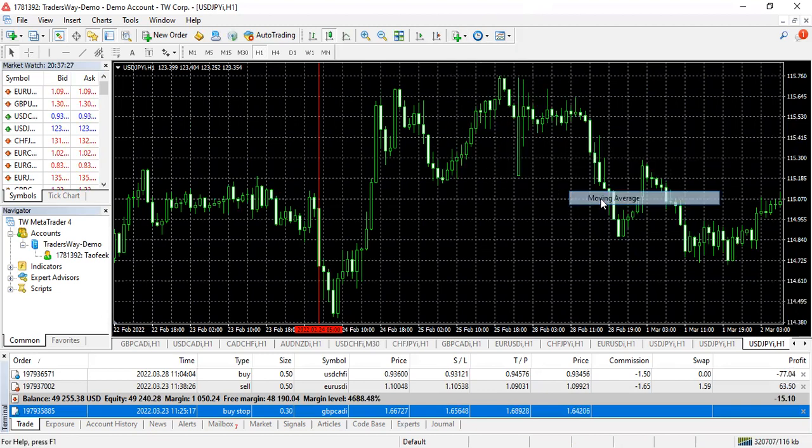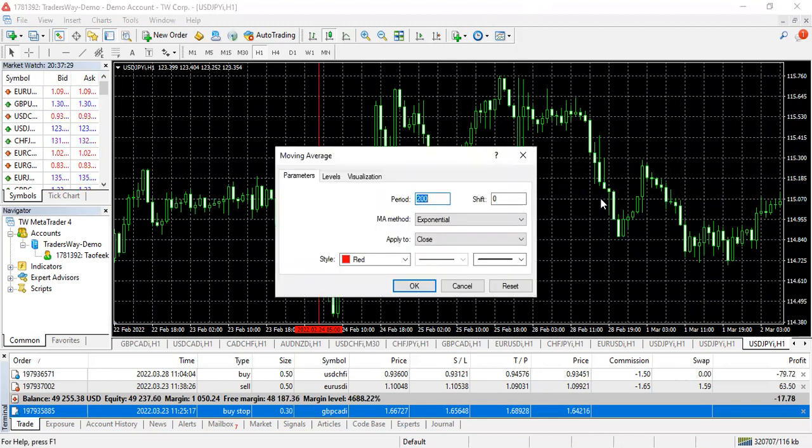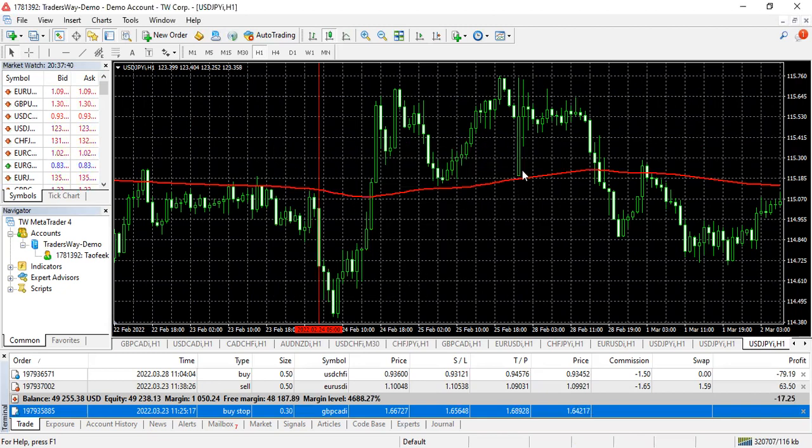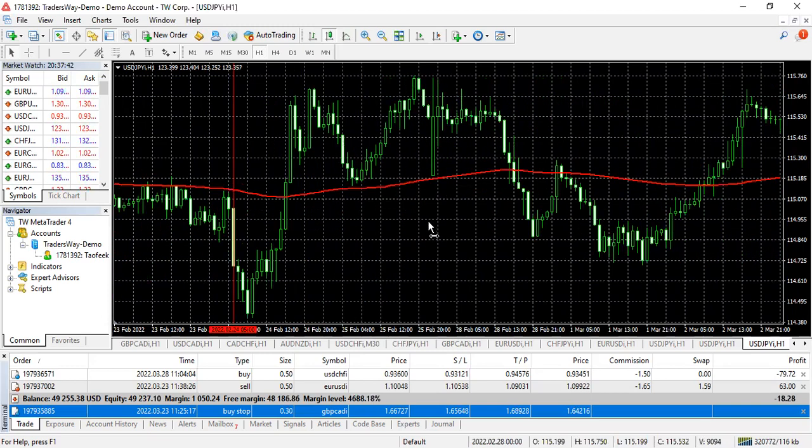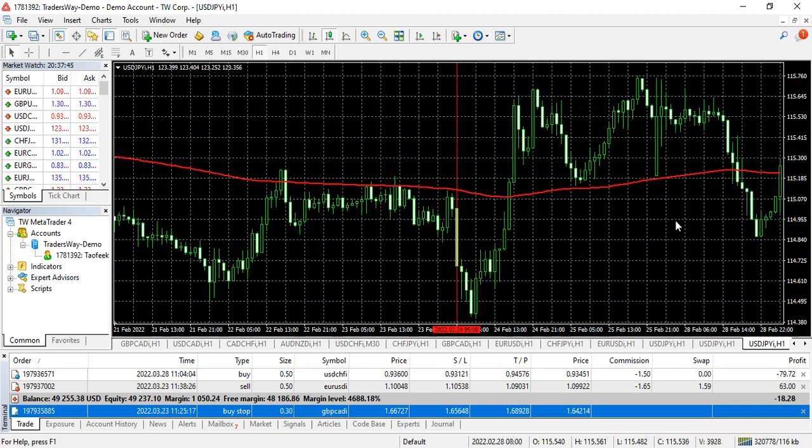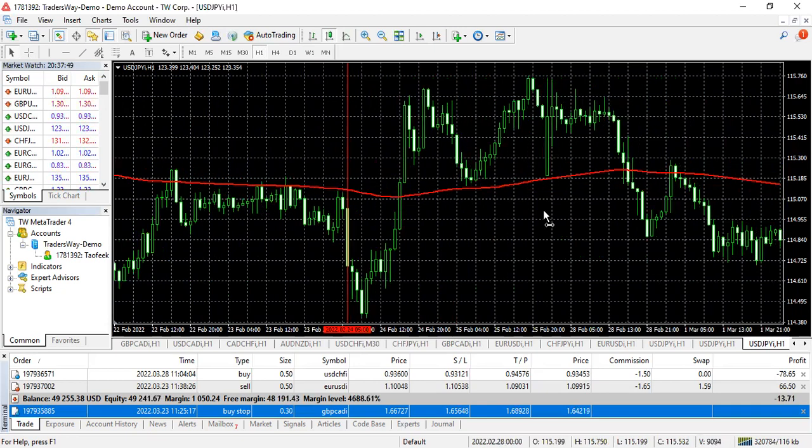So let's assume I'm using moving average. So when I'm using moving average, my period is set up to be 200. I'm using exponential, close, good. So now, for example, I'm using 200 moving average. Why is it called a trend indicator? Because it moves along with trend.